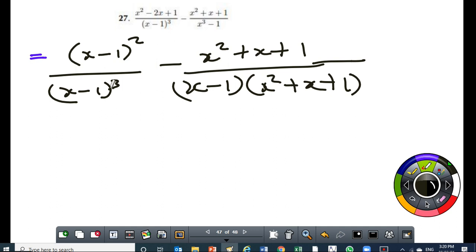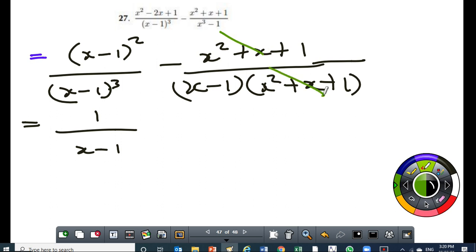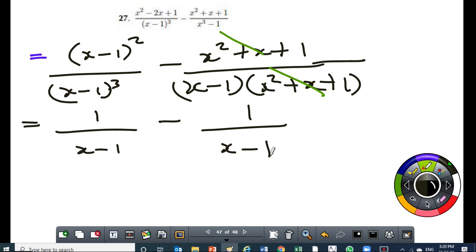We get that. So that you end up having 1 over x minus 1. Then the second fraction, this trinomial and that trinomial are going to cancel out. And then you'll be left with minus 1 over x minus 1.